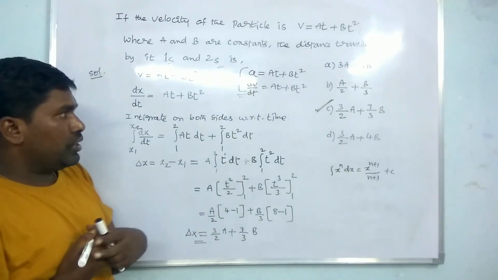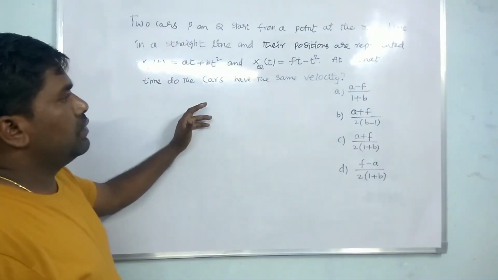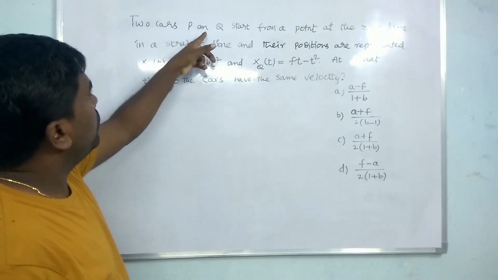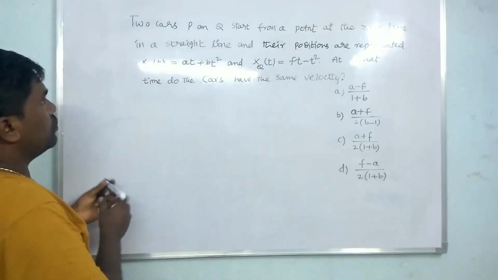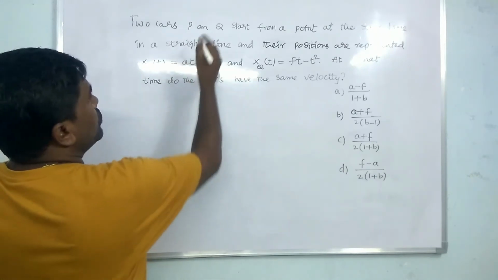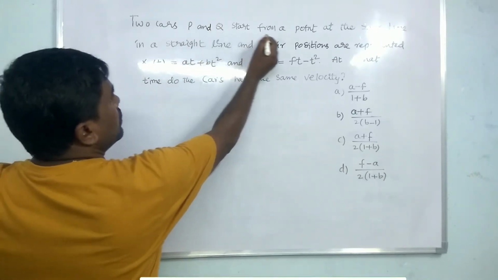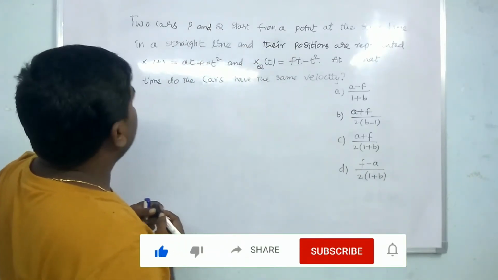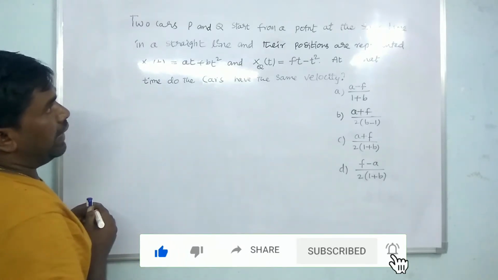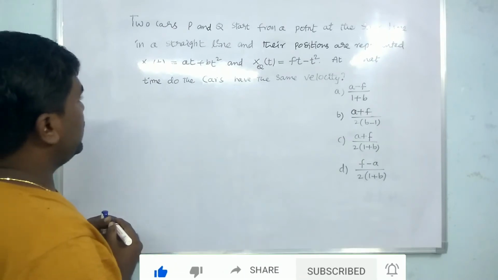Let us see one more question. Two cars P and Q start from a point at the same time in a straight line, and their positions are represented.